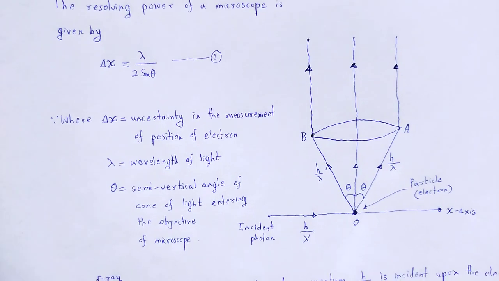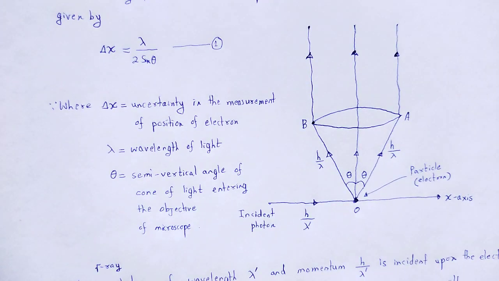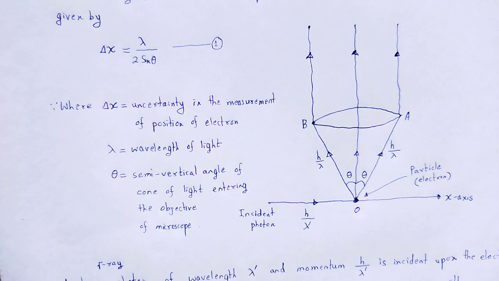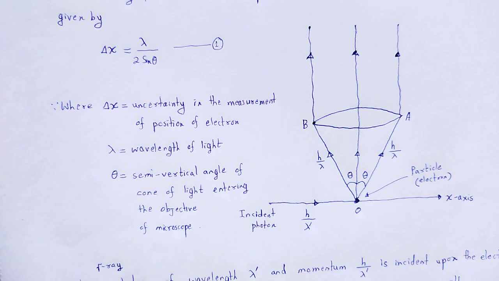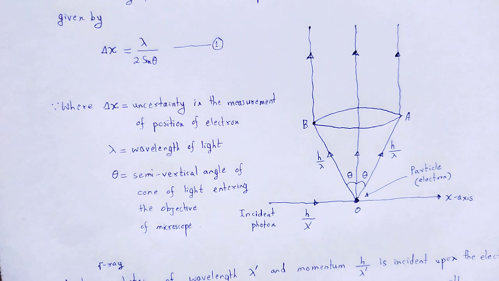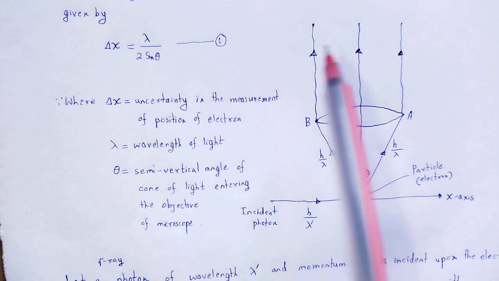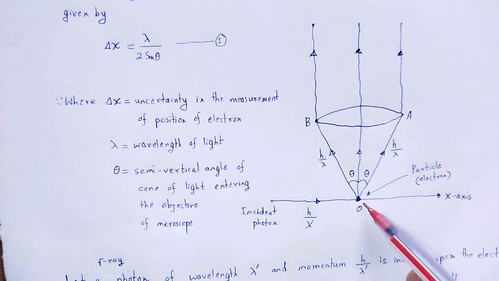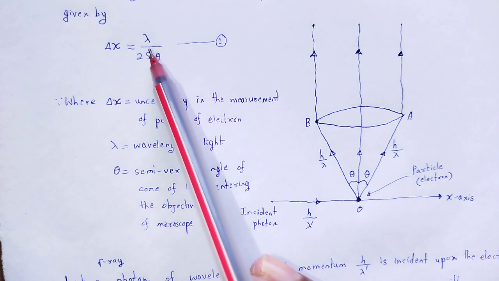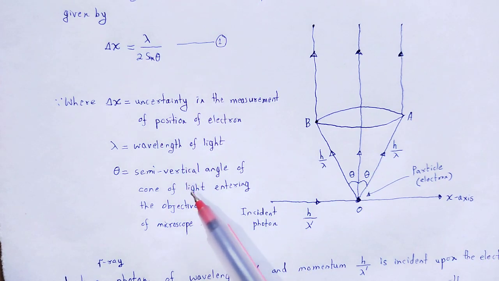Let us come to our analysis. We have to showcase Heisenberg's uncertainty principle, means the product of uncertainty in position and uncertainty in momentum is greater than or equal to h cut by 2. This is the uncertainty in position of the electron, del x, which is lambda divided by 2 sin theta.